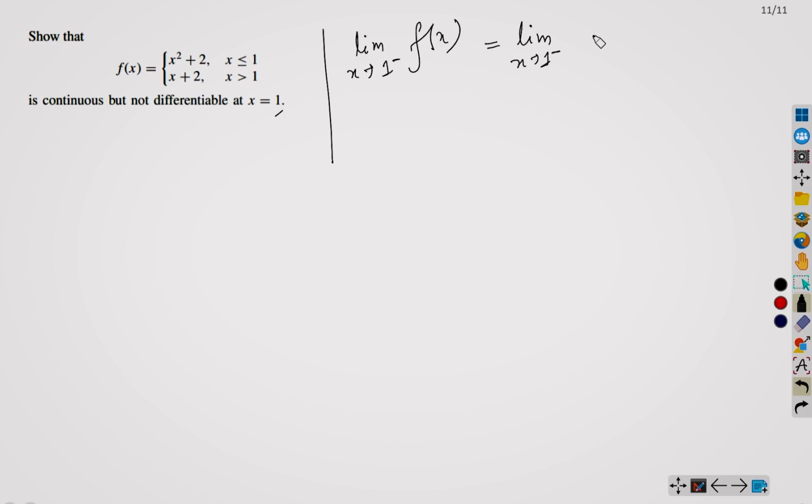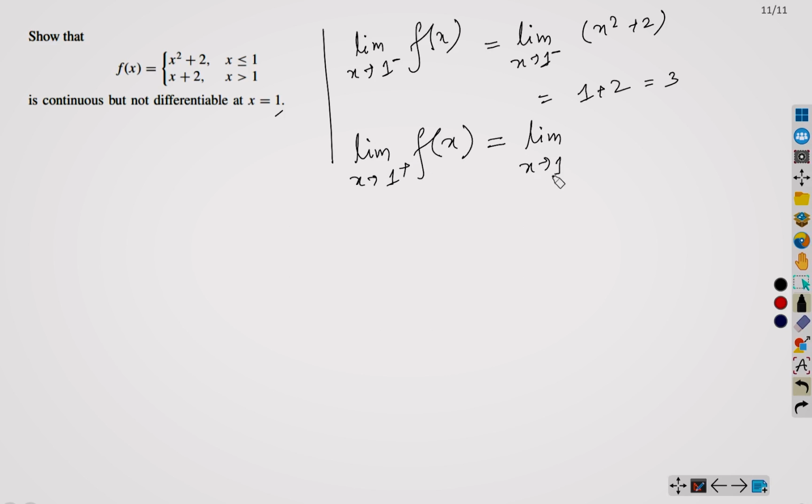First we will verify the continuity. f(x) here: as x tends to 1 minus, x is less than 1, so f(x) is x square plus 2. Pretty simple: 1 plus 2, 3. As x tends to 1 plus, x is greater than 1, so f(x) is x plus 2, which is 3.